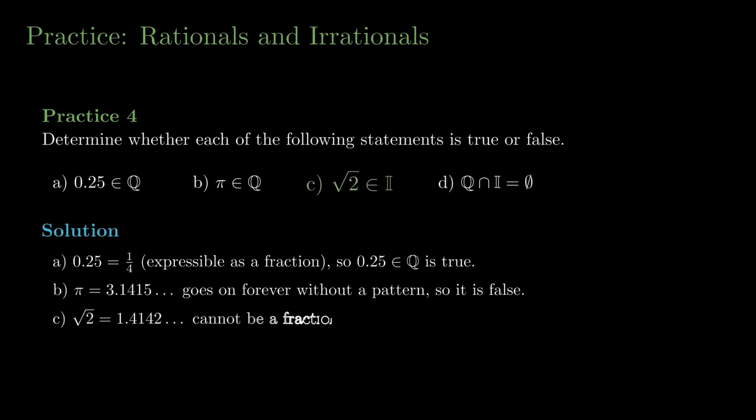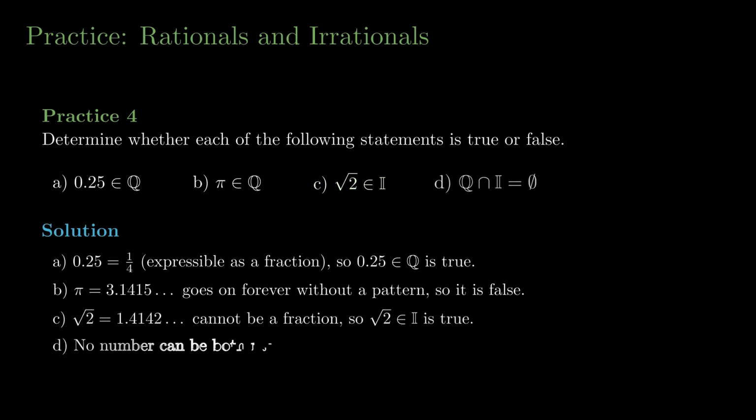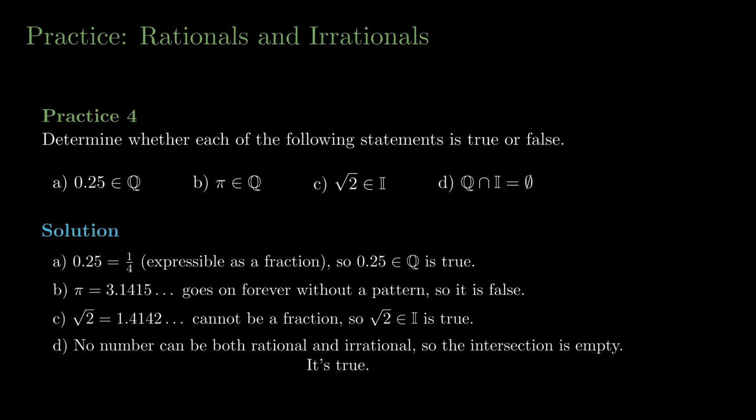For C, the square root of 2 is a non-repeating infinite decimal, so it belongs to the irrational set, which is true. Finally, for D, a number cannot be both rational and irrational at the same time, so their intersection is the empty set. This is true.